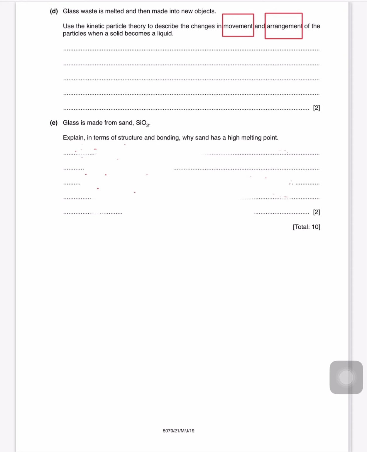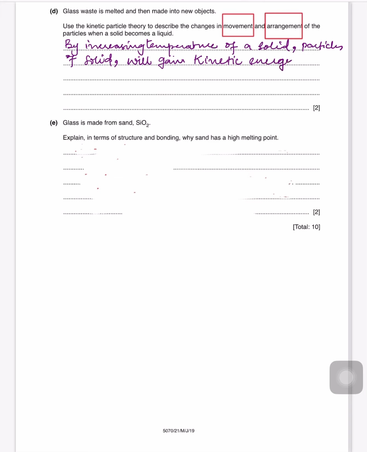So I am just writing this: by increasing temperature of a solid, particles of solid will gain kinetic energy, hence will start moving with higher speed and forces of attraction will break up.